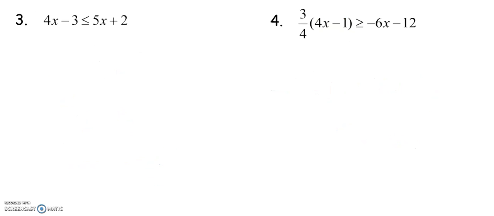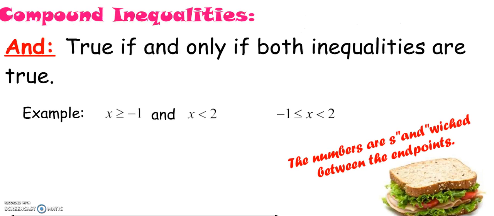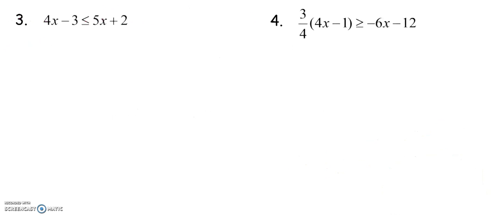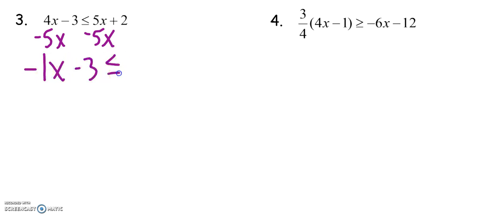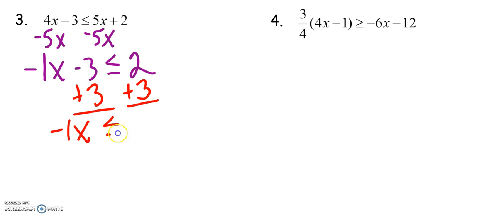For our third one, similar to the first one, we are going to subtract 5x from both sides to get our variable to the left. That's going to leave us a negative 1x minus 3 less than or equal to 2. We're just going to bring our inequality symbol straight down. Now we're going to add on our 3 to get our constants all to the same side.